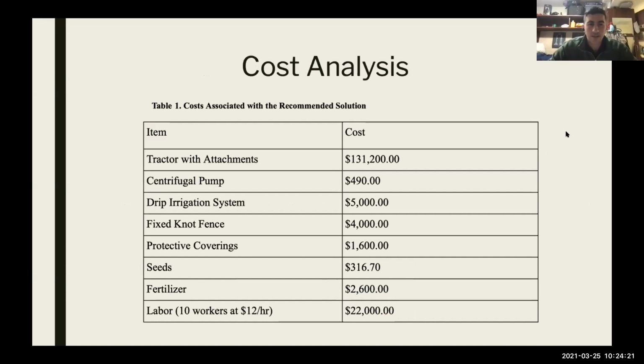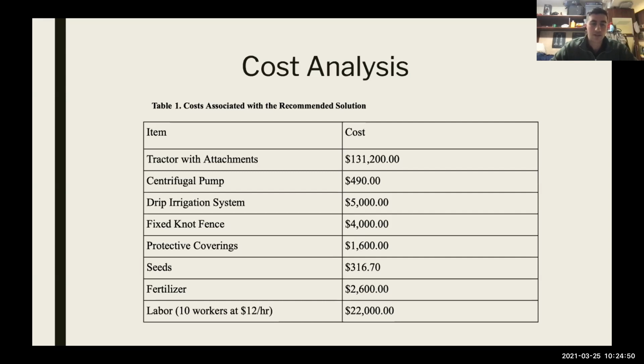So for our cost analysis, our tractor is a John Deere 6155 model. The attachments are an RT 119 tiller and a reaper, which brings the total cost to $131,200. There's a centrifugal pump. It's a Pedrollo 3 horsepower pump, which is enough for our project.